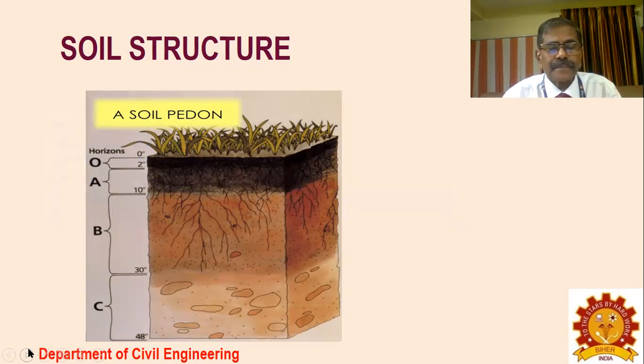Then you have the well-settled soil, the B horizon, where vegetation can have its roots embedded. Then, at less than 10 feet, you have the moderately settled soil, and at less than 2 feet, you have the loose soil on which you have the vegetation. This you call a soil pedon, and that is the ground structure of the soil.